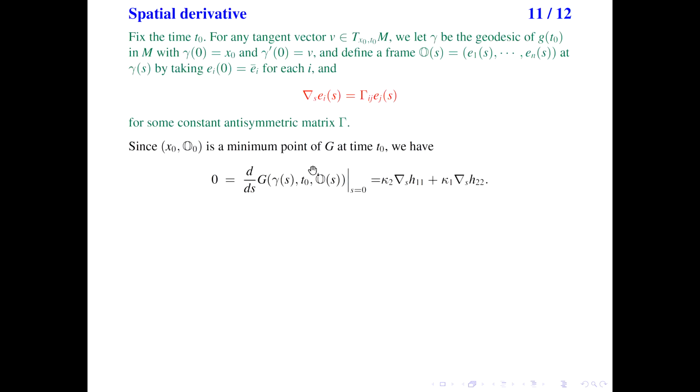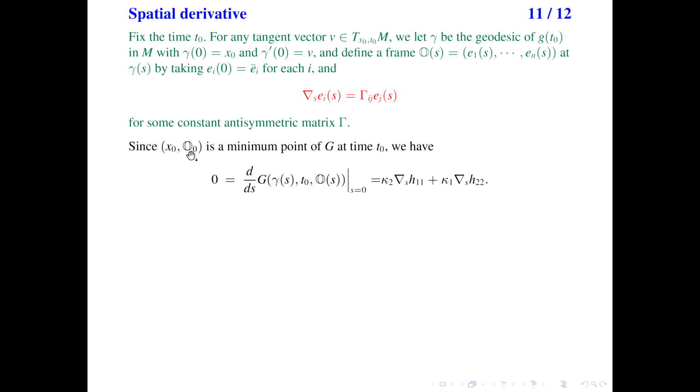So now we have a function G of gamma(s), fixed time t0, and the frame O(s). Now this function depends only on the parameter s. And when s is 0, gamma(0) is just x0, and O(0) is just the orthonormal frame O_0.